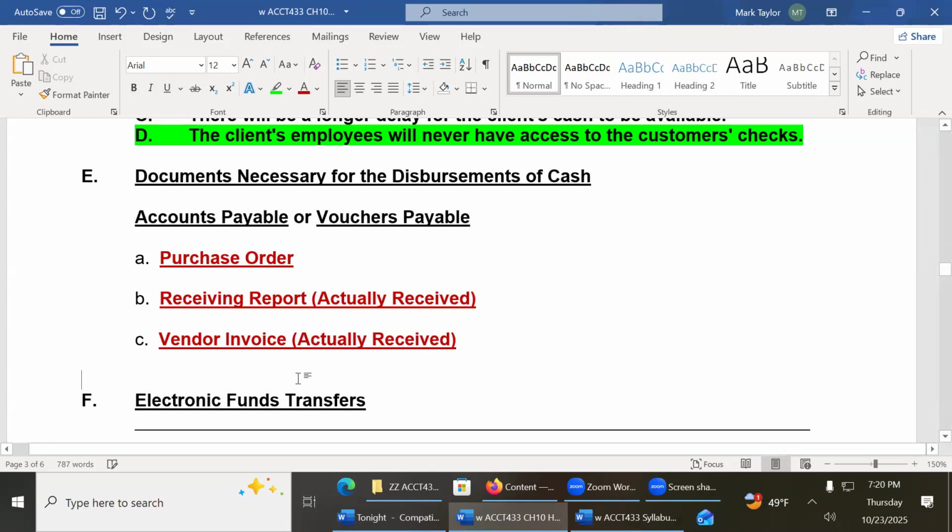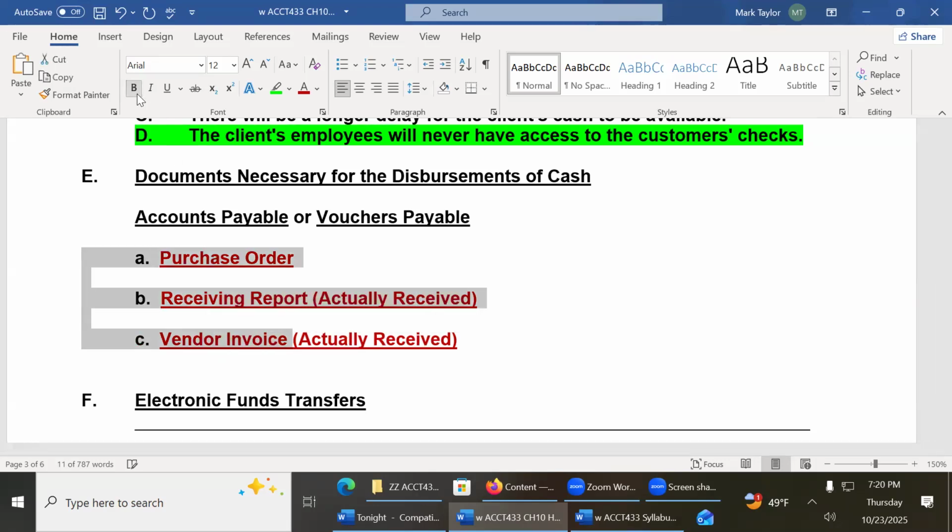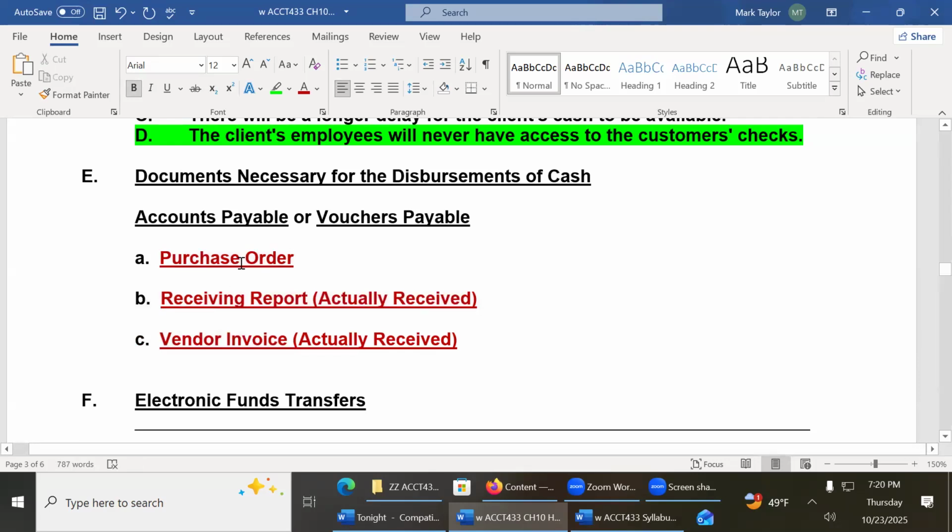We had an auditing book one time that said that the vendor invoice has to match the purchase order, and that's not really the case. Not the book we're using. The book we're using, by the way, is a fantastic one.